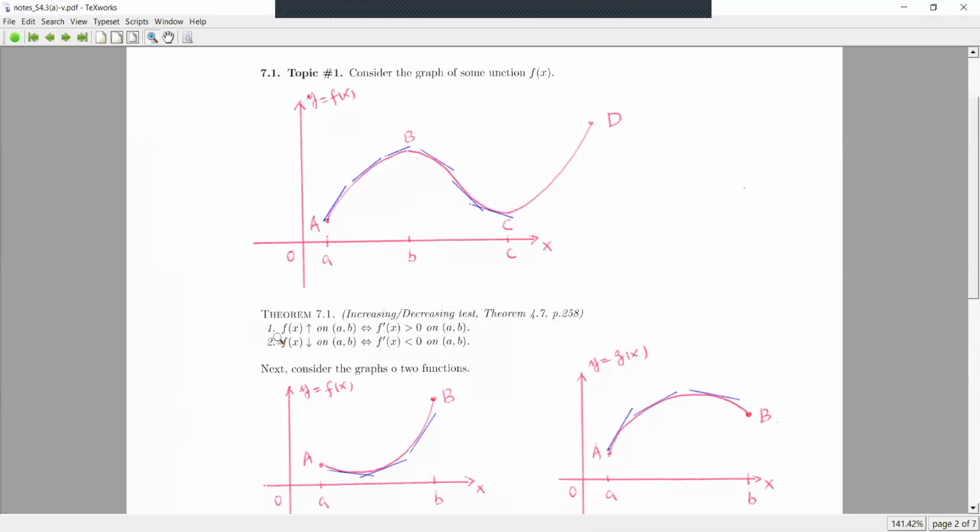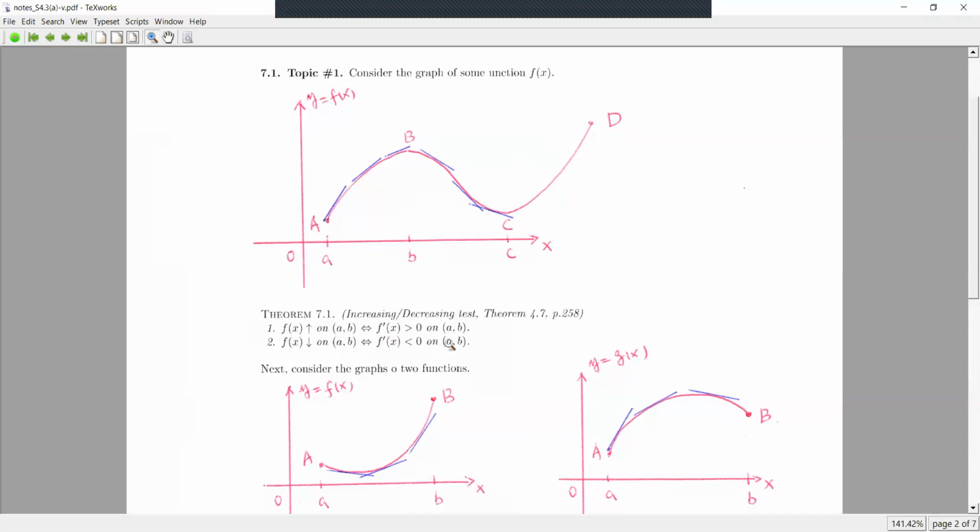Part 1. A function, f of x, a function. This is calculus language. Geometrical language is a curve. A function is a curve. A curve is a function. If a curve is increasing on some interval, then the derivative, that is calculus language, geometrical language is slope, then slope is positive everywhere on the interval.